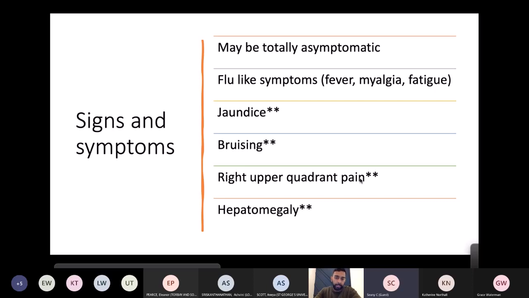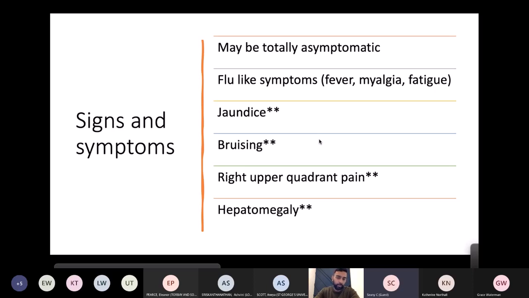Now the specific things that signify liver damage and are quite examinable. Jaundice, which is yellowing of the skin. You can get bruising, because the liver's ability to produce clotting factors has been reduced, so you bruise more easily. Right upper quadrant pain due to inflammation of the liver.